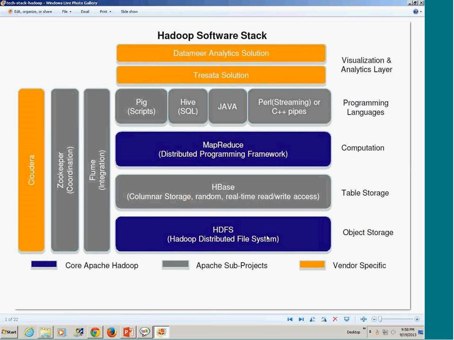HBase will convert it into a typical column-based database, and you retrieve it with database-query-like statements. Then MapReduce, and you have Pig, which is basically like SQL kind of stuff. Basically, Hadoop will store in a kind of file format system.